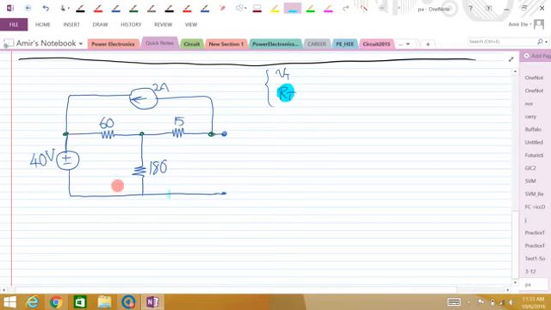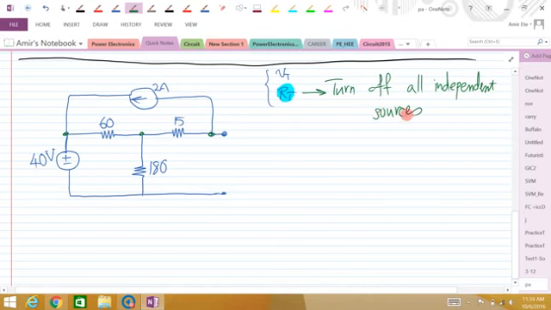So in order to find RT in a circuit like this, what we can do is to find RT directly. We turn off all independent sources. Once we do that, then we can look at the circuit and find the Thevenin equivalent.